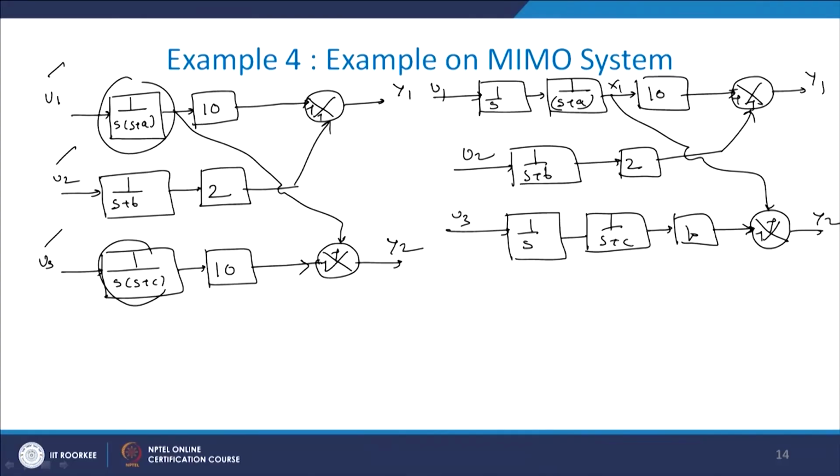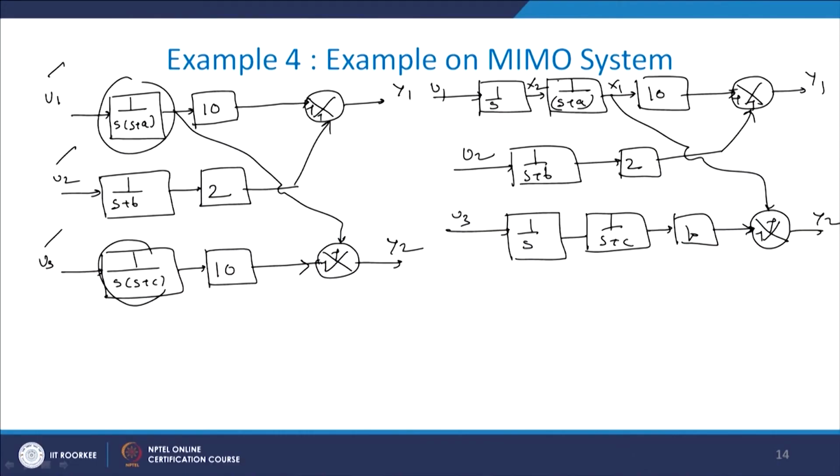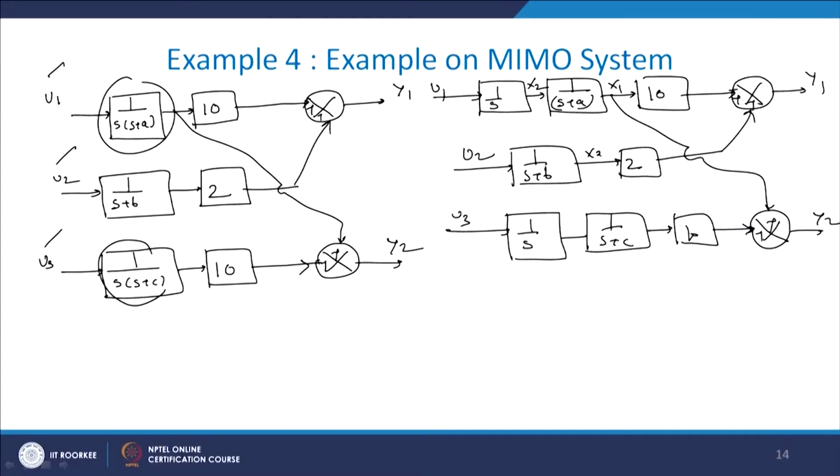Now we have separated it. Now we have to assume the states. Here I have taken one state x1, and now here we can take the state as x1 dot, so that x1 dot equals x2. Then after x1, x2, here is also an integrator, so we can take the state as x3.